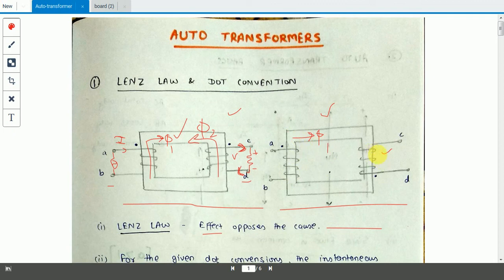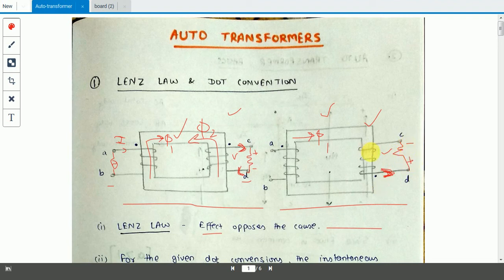So now considering the sense of winding here, what will be the direction of current? Again the thumb will point upwards. We are talking about the secondary winding. The thumb will point upwards, so the curling of fingers will give the direction of current in this direction, from D. So if we apply a load here, the polarity will be like this.